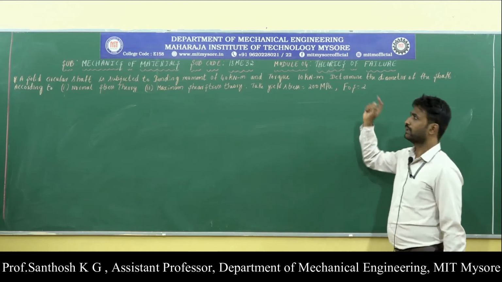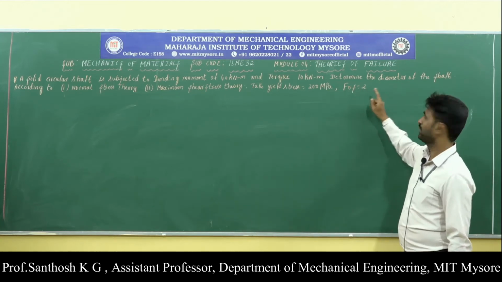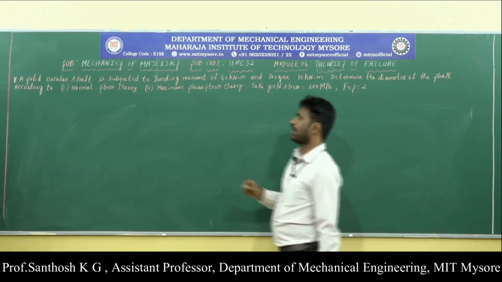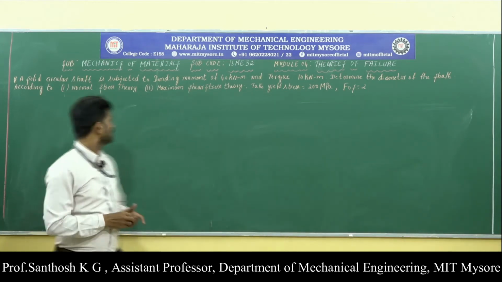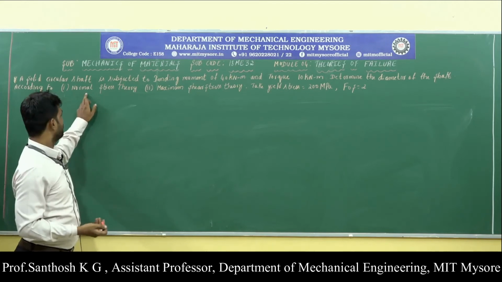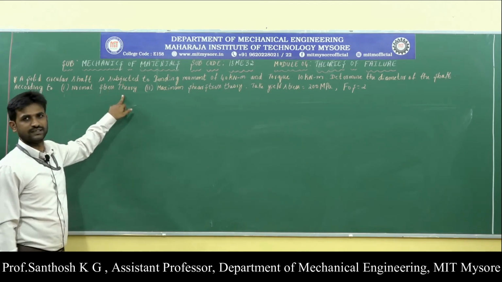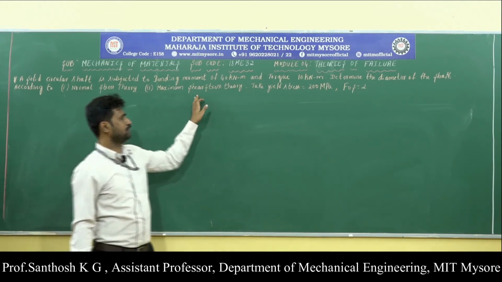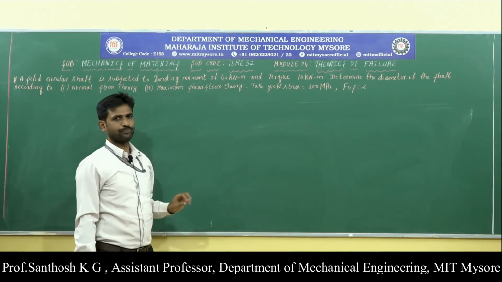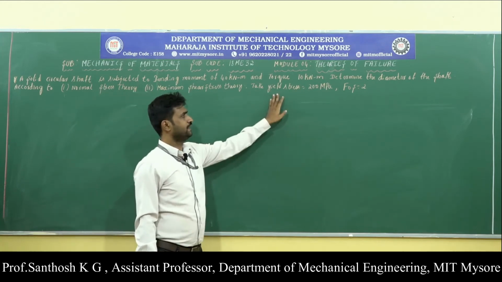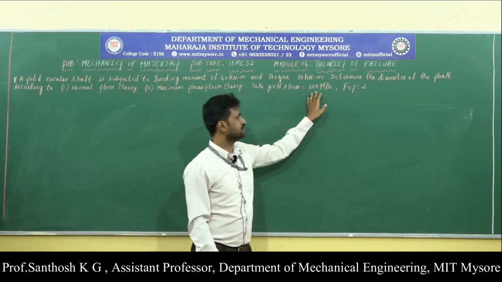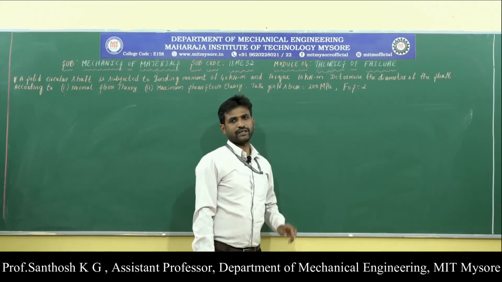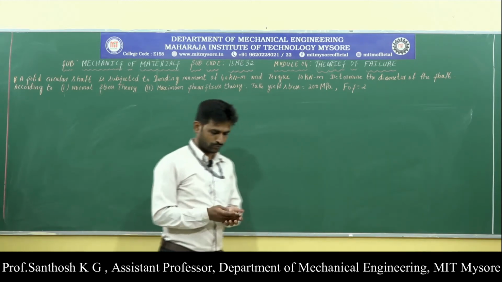Determine the diameter of the shaft according to first, the maximum normal stress theory, and second, the maximum shear stress theory. Take yield stress equals 200 megapascal and factor of safety equals 2.